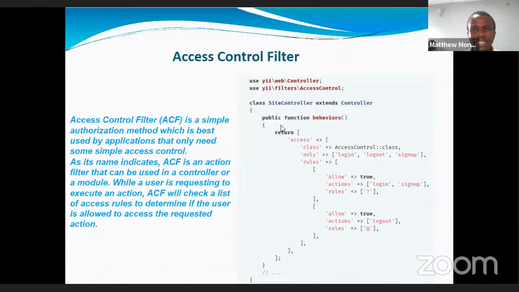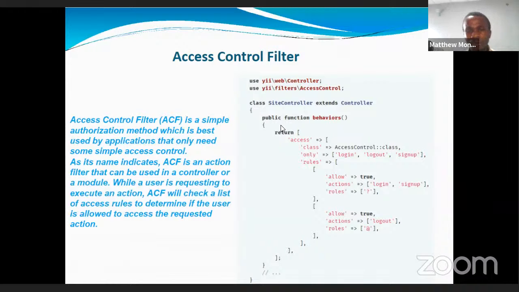And what it does is this: right from the site controller, I told you the site controller must be accessed first before you are routed to any other pages in the website. Now, right from the controller, there's what we call the behaviors. Behaviors is a function that is by default in Yii. Each site controller can implement the function behaviors.